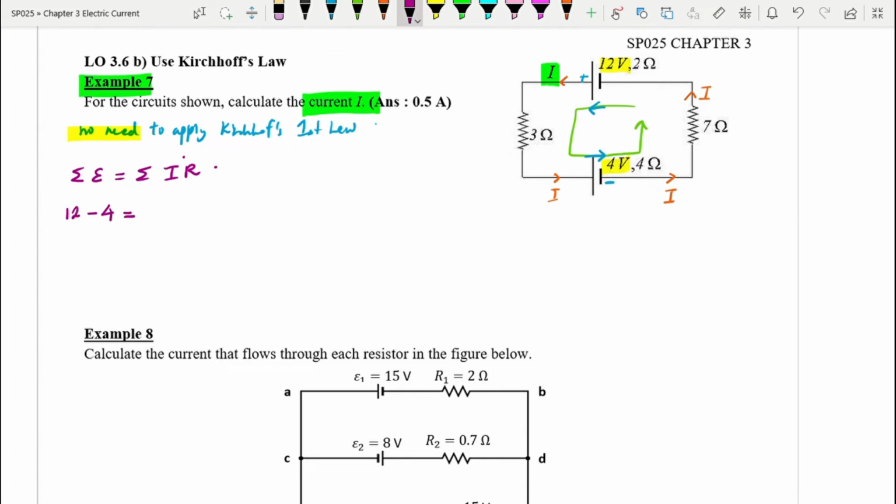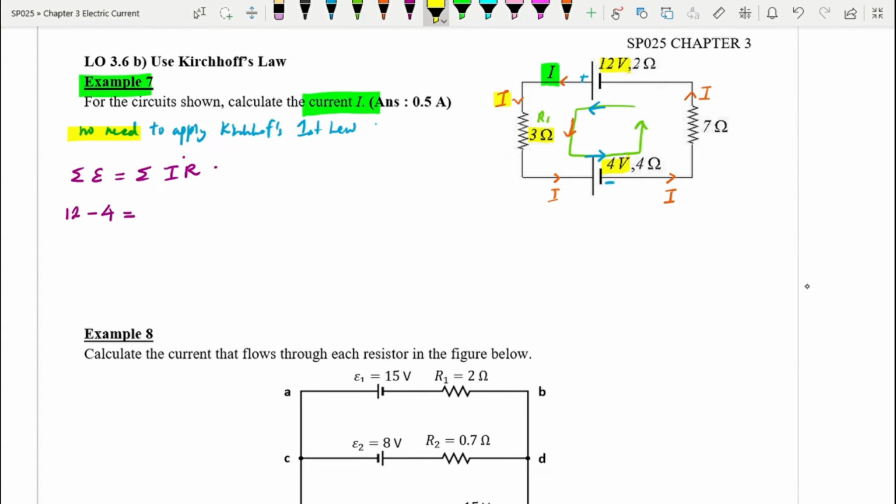And then kita nak tengok resistor yang pertama pula. Resistor yang pertama kita label as 3 ohm. Okay, katakanlah ini adalah resistor 1. Okay, so current yang flow dekat sini, guna color yang sama, ini adalah I. Bukan I1, hanya ada satu I sahaja. So, adakah sama dengan direction of loop? Sama dengan direction of loop.